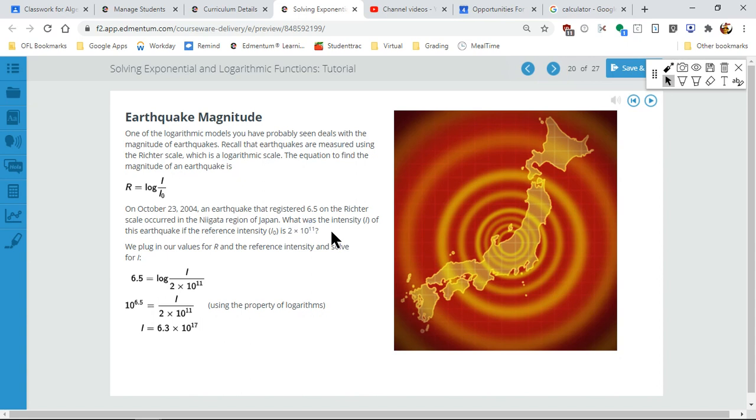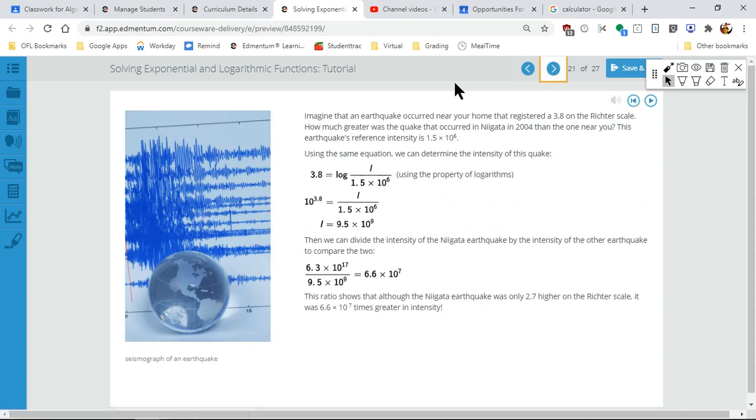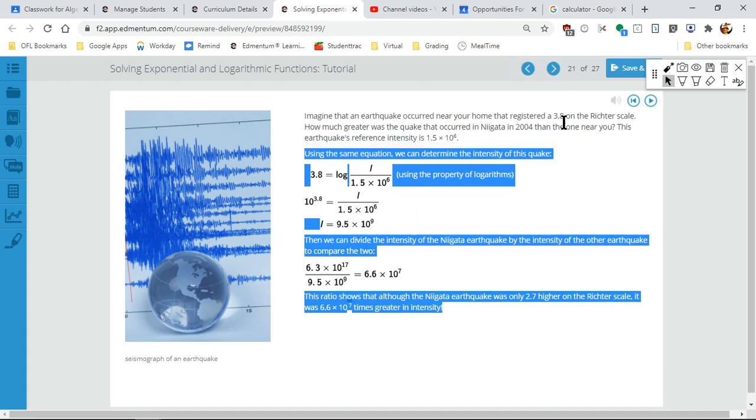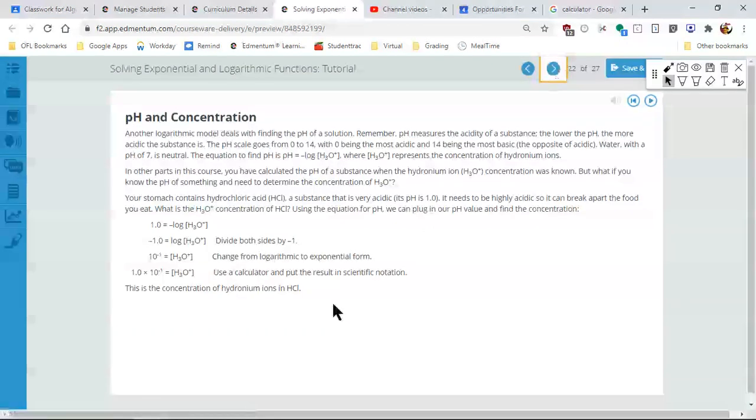So this is the first earthquake, and they want to see, if it's 6.5, how much is the next earthquake going to be that we're actually talking about? So let's see what we're doing over here. In this case, they're showing us how to solve for it. I'll let you view this on your own so you can read about it, but I'm going to go straight into the problems.